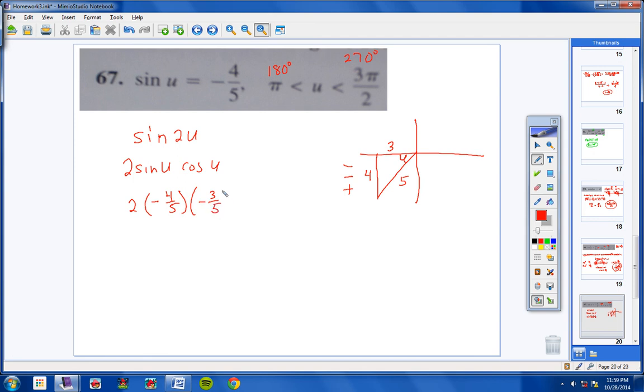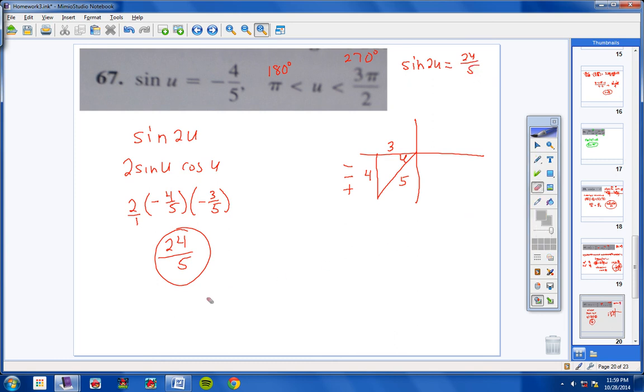If we put 2 over 1 and multiply all of these together, we get positive 24 over 5. So sine of 2u equals 24 over 5.